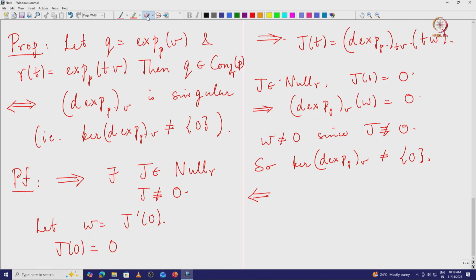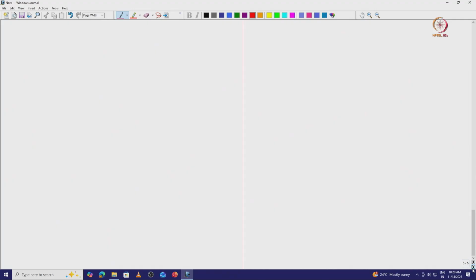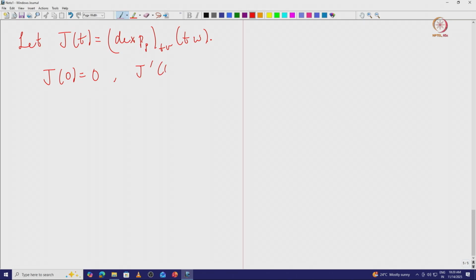And the converse is basically the same. Conversely, suppose W belongs to the kernel of this map, then we look at the corresponding Jacobi field J, such that J of 0 is 0 and J prime of 0 is W. Now again if you plug in, J of 1 is also 0.